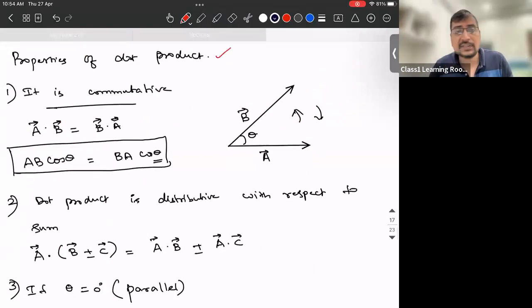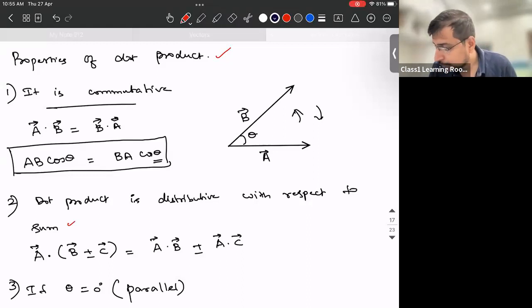So we'll see the properties of dot product. First thing, dot product is commutative in nature. That is, if you do A dot B or B dot A, they are going to give you the same result. So A vector dot B vector is the same as B vector dot A vector.